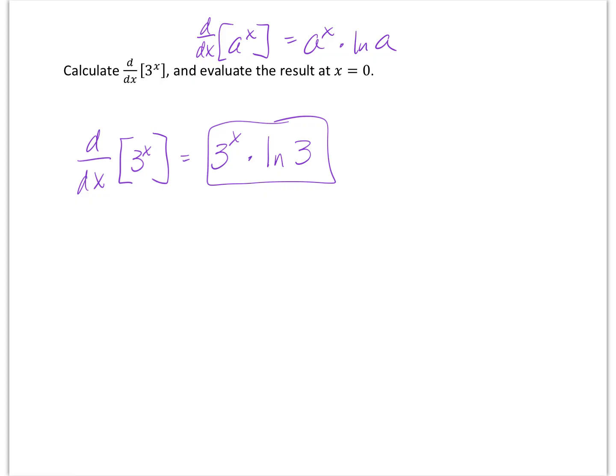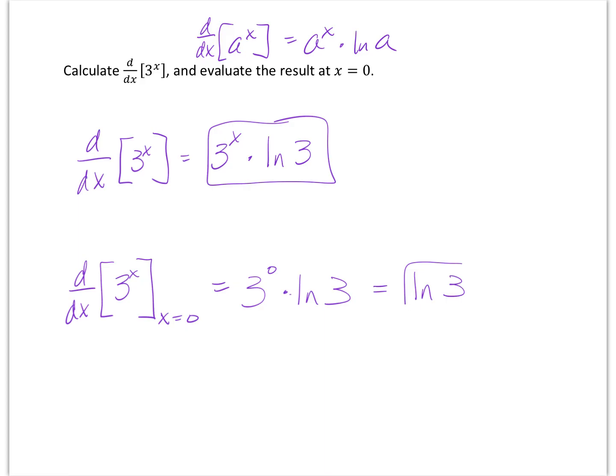Then I evaluate that when x equals 0. That means plug 0 into the formula, so you get 3 to the 0 times the ln of 3. And 3 to the 0 is 1, so it's just the ln of 3.